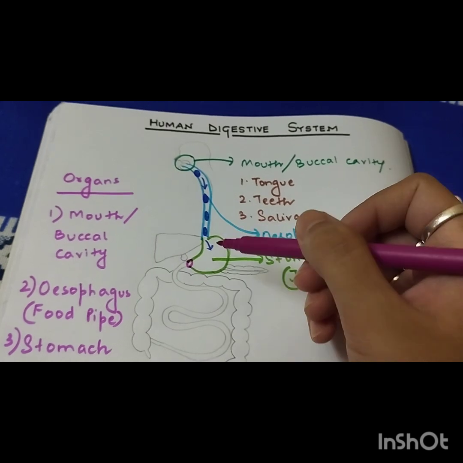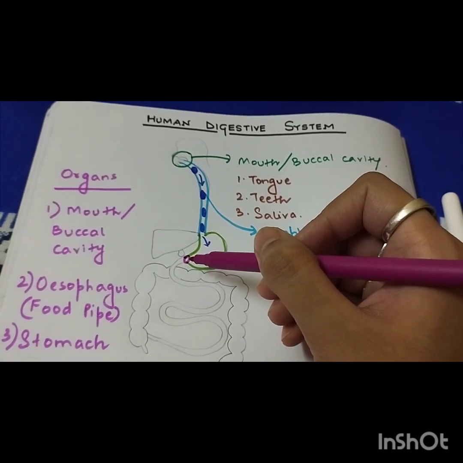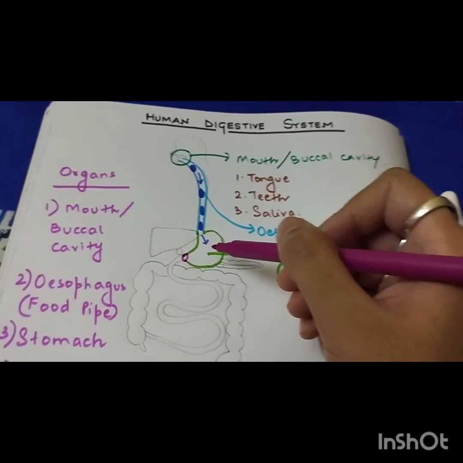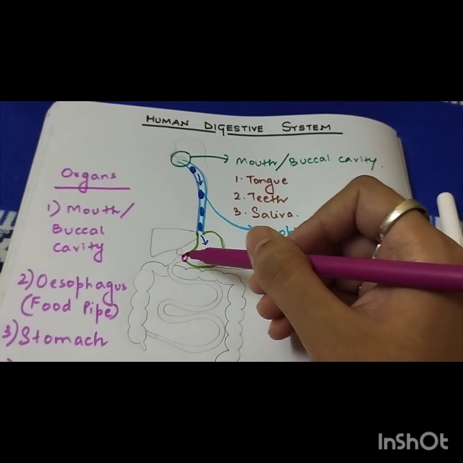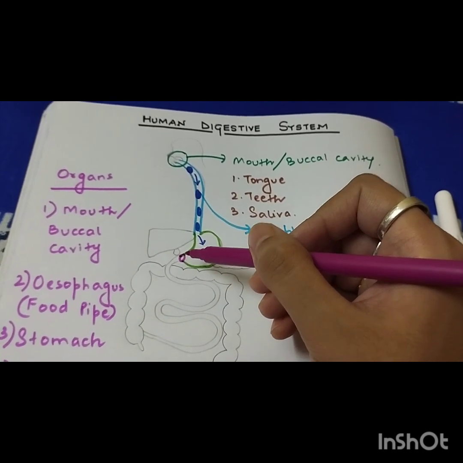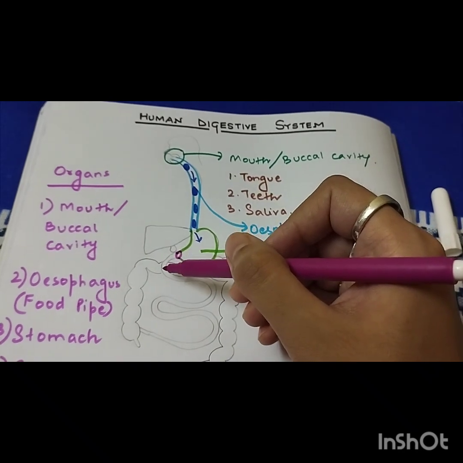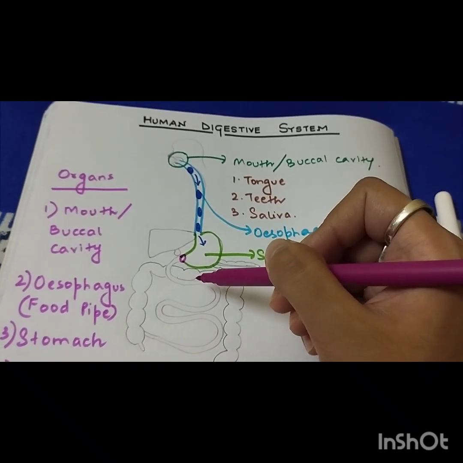Sphincter means a gate. Normally this sphincter is closed, but when the pressure inside the stomach increases because of the food, this gate is opened, pushing the food into the next chamber, that is the small intestine.